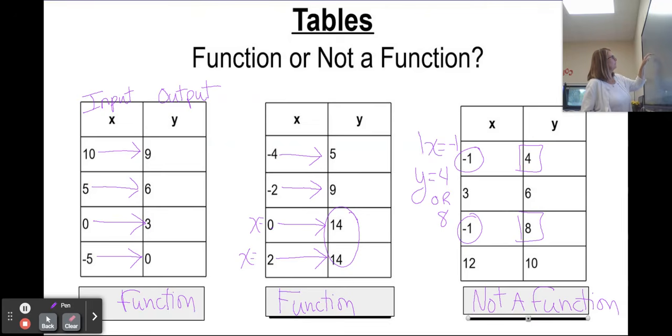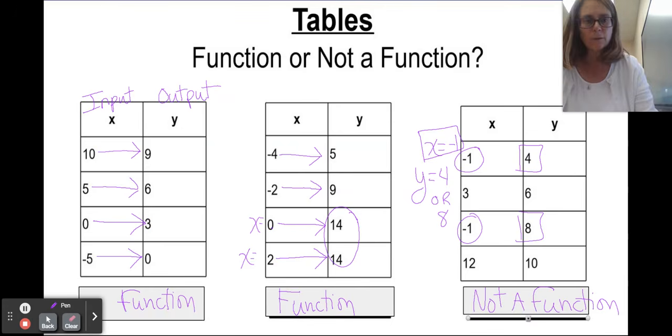We have that one possible input, x is equal to -1, but what makes this not a function is when that y value, that output, is equal to multiple numbers, in this case 4 or 8. And you can see the difference here between the different tables of what it looks like to be a function and not a function.